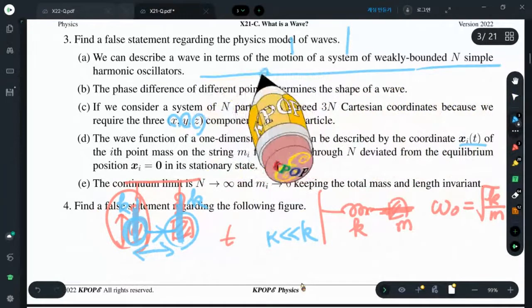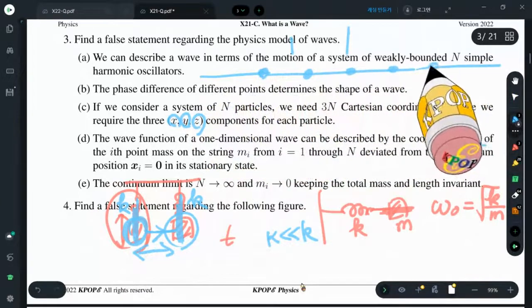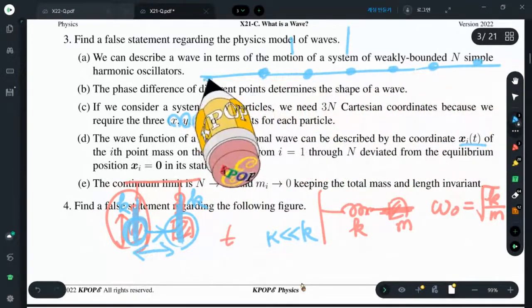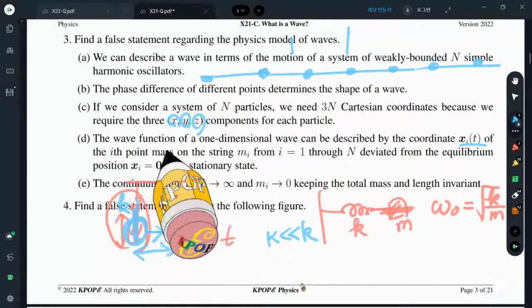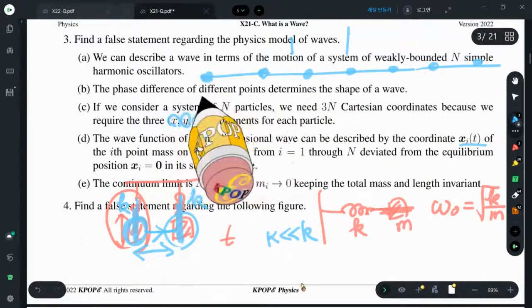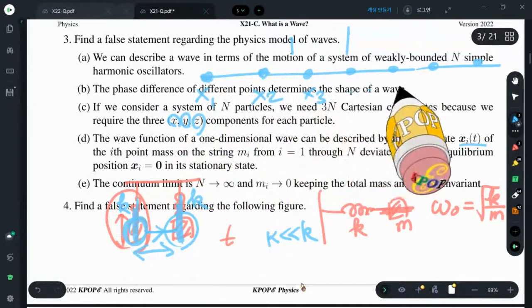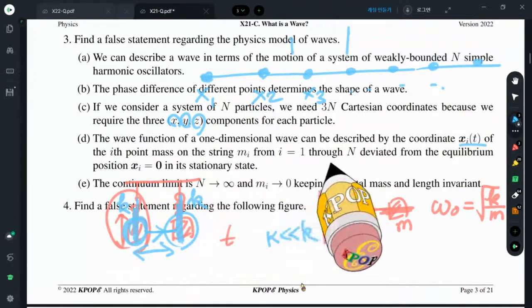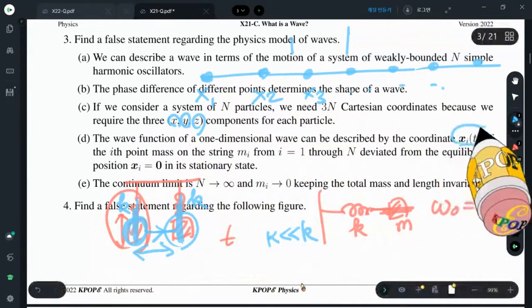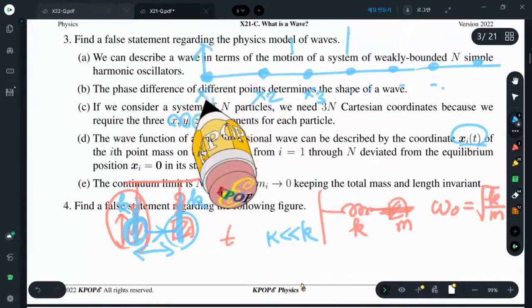We have a long string, distribute beads on the string, and coordinates x1, x2, x3, something like that. Coordinate x represents the deviation.